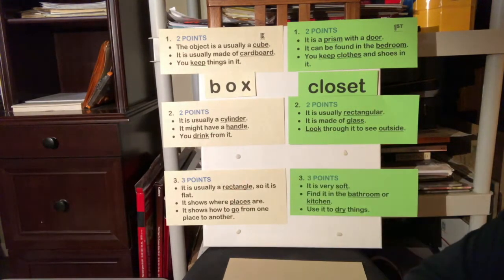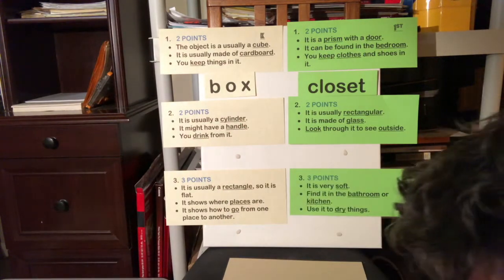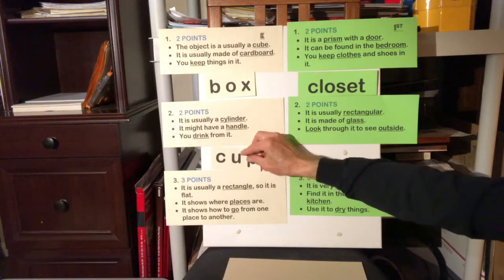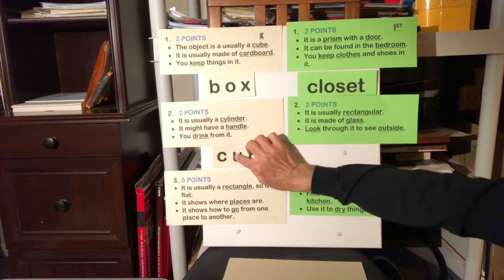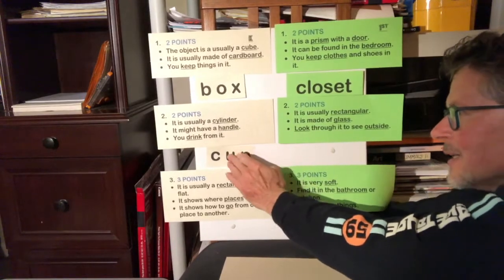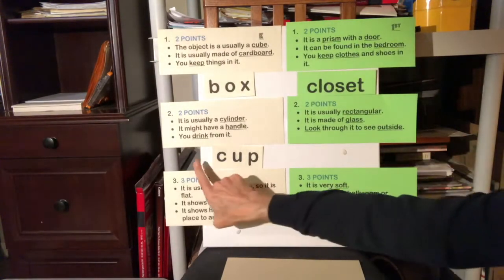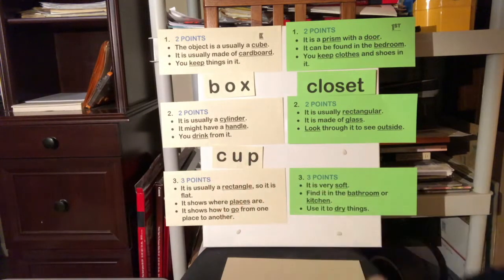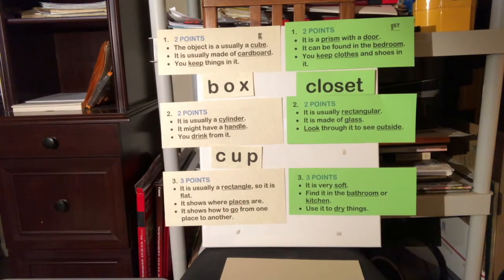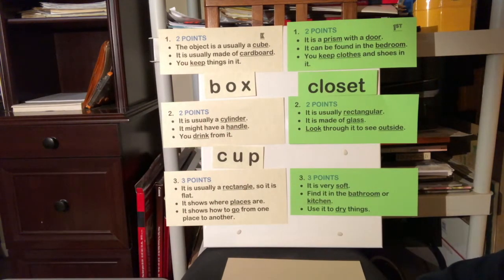You drink from it. A cylinder with a handle that you can drink from. Kindergartners, I hope all of you were thinking of that word right there. It's another 3-letter word. Sound it out in sequence, and then find one of those in your house. Give yourself 2 points for that.